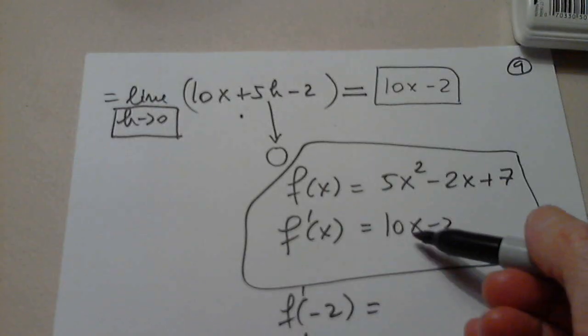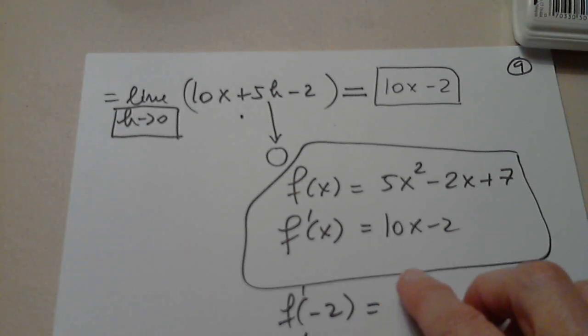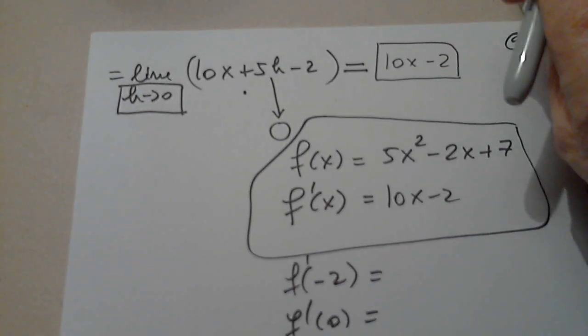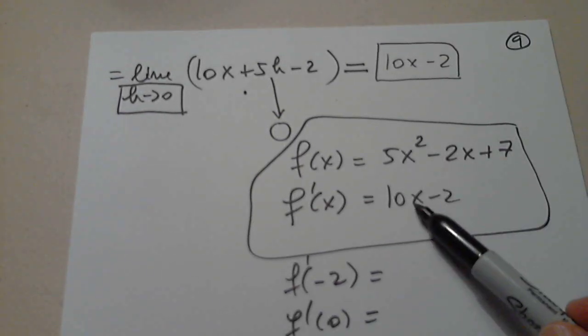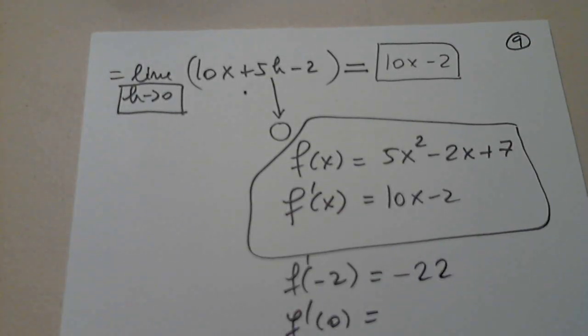All I have to do is plug in -2 and give me the answer. Please plug in 0 and give me the answer. Please plug in 1 and give me the answer. When you plug in -2, what do you get? -22.